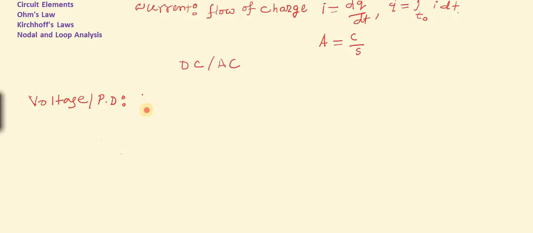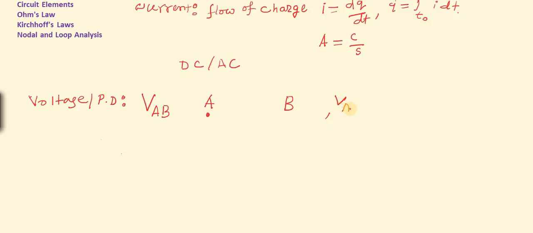Now, voltage VAB between 2 points A and B is defined as the energy required to move one unit charge from point A to point B. That is the potential difference or voltage VAB.